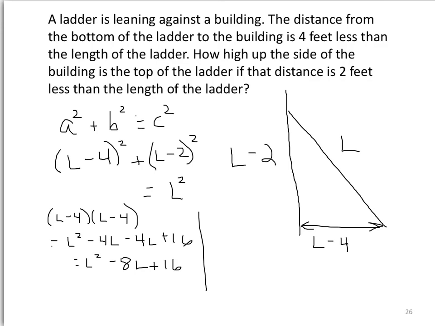And then we have (L - 2) squared, which is (L - 2)(L - 2). And using FOIL again, we see that that is L² - 2L - 2L + 4, which is L² - 4L + 4.